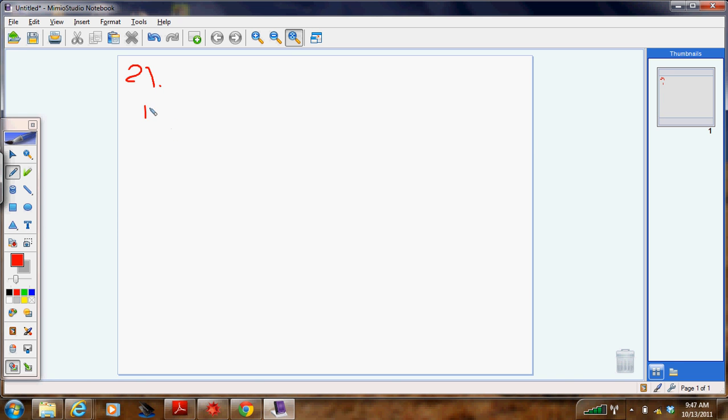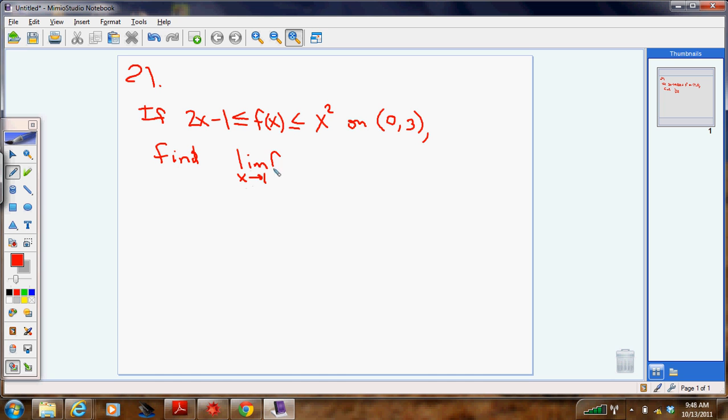And the problem says if we have the quantity 2x minus 1 less than or equal to f of x, which is less than or equal to x squared, on the interval from 0 to 3, they want us to find the limit as x approaches 1 of f of x.